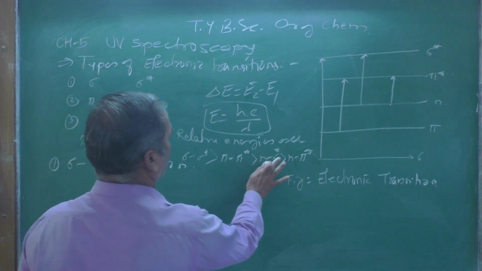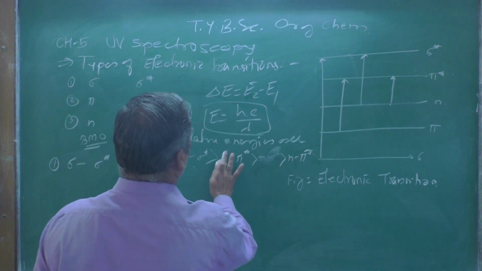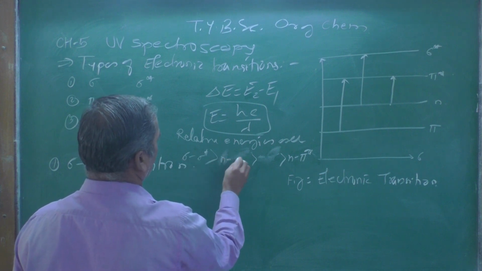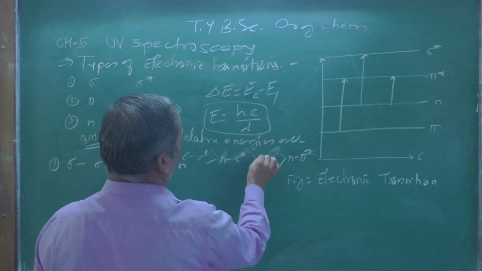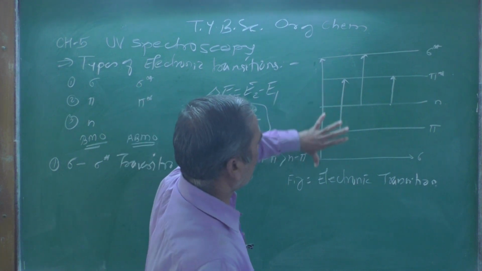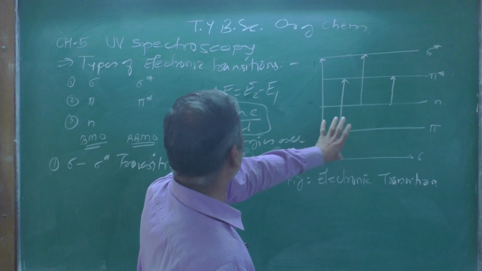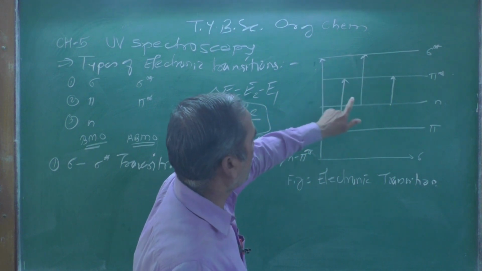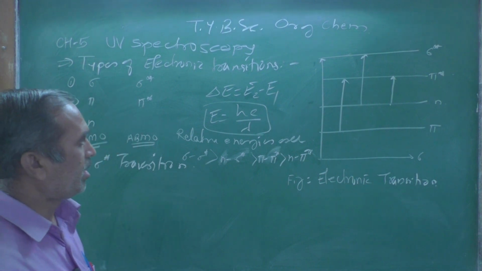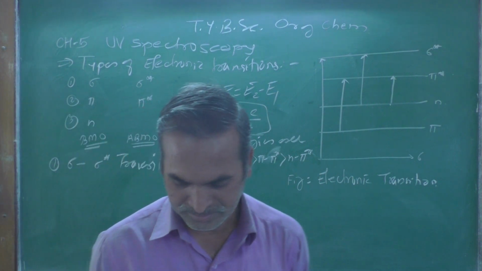Here, make the correction: n to sigma star, sigma to sigma star, n to sigma star, and here pi to pi star. Here the larger one, then the second one is this one, and the third one this, and the fourth one is the last one. So this is the relative energy order.